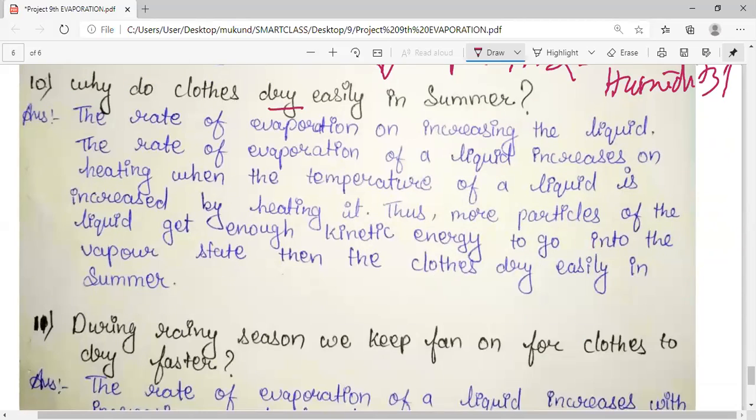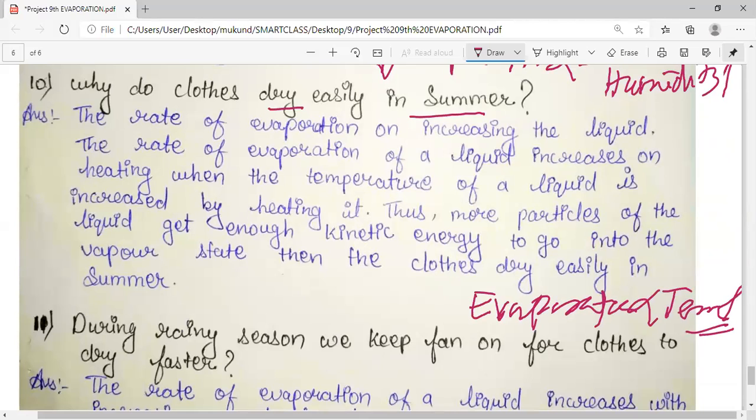Why do clothes dry easily in summer? My dear students, we know that evaporation is directly proportional to the temperature. In summer we have high temperature. So as temperature increases, the rate of evaporation increases, and that is why our clothes dry easily in the summer.